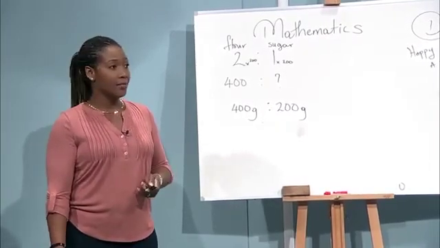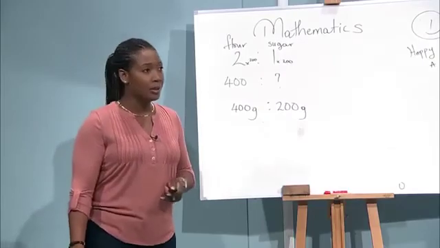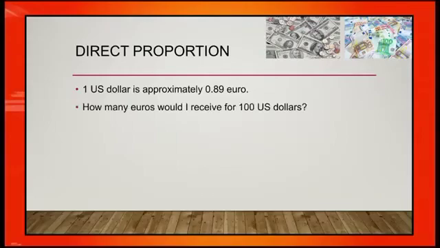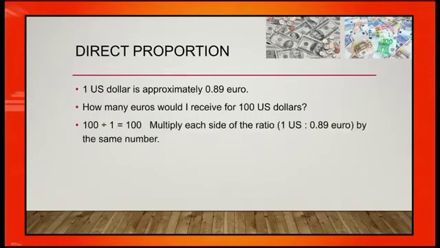All right, guys. Our last scenario for the afternoon. $1 US is approximately 89 hundredths of a euro. Now, what is the question asking you? How many euros would you receive for 100 US dollars? So now I have a ratio of 1 to 89 cents.